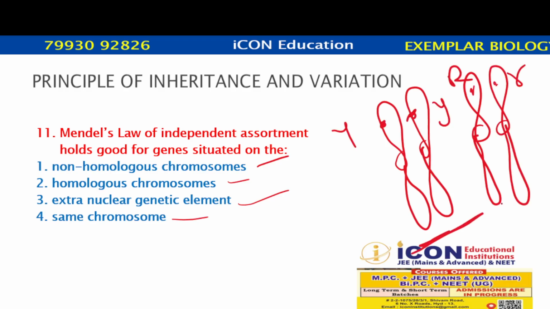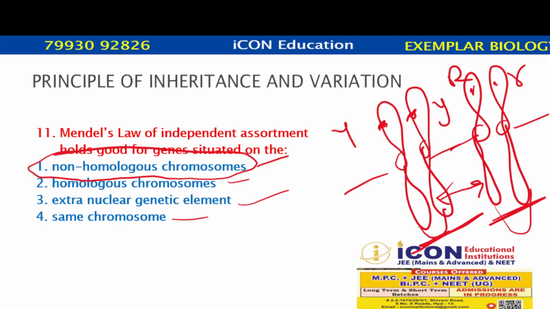This is one homologous pair and this is another. Then only independent assortment is possible. So what is our answer here? Mendel's law of independent assortment holds good for genes situated on non-homologous chromosomes. This chromosome is homologous to this one and this chromosome is homologous to this one. We call these two non-homologous chromosomes. So what is our answer?